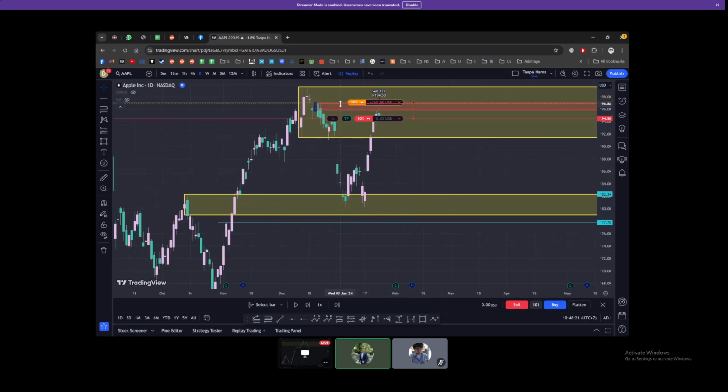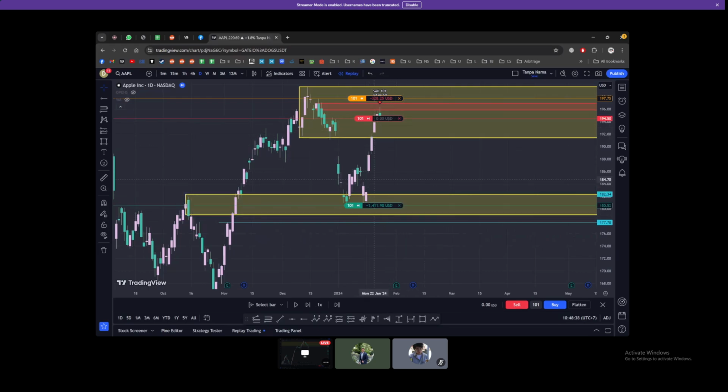You see the swing high? The swing high, yeah, that's this one. Good. And target new lows at 180. Yeah, like that. No, just 180 is good. Okay, play out.